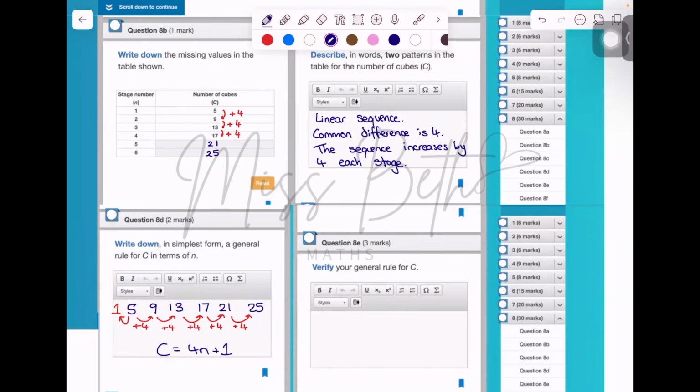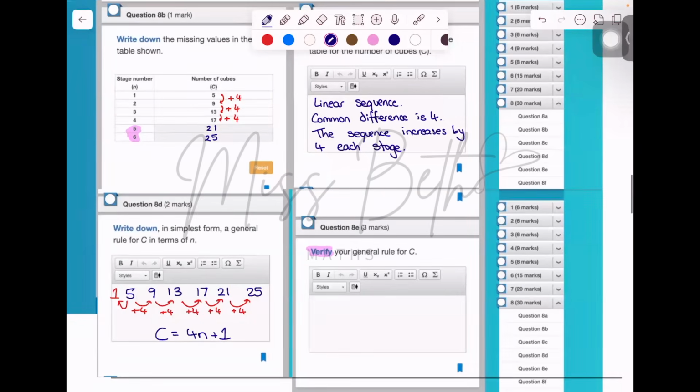Then we are asked to verify. Remember that to verify, you can use the 2 stage numbers for which you predicted values. In the table, we filled in stage 5 and 6, so you can use any one of those. I do have a habit of always using both of them, but you will still get the marks if you just use one. In terms of using correct notation, we want to write C of 5 is equal to 4 lots of 5 plus 1.